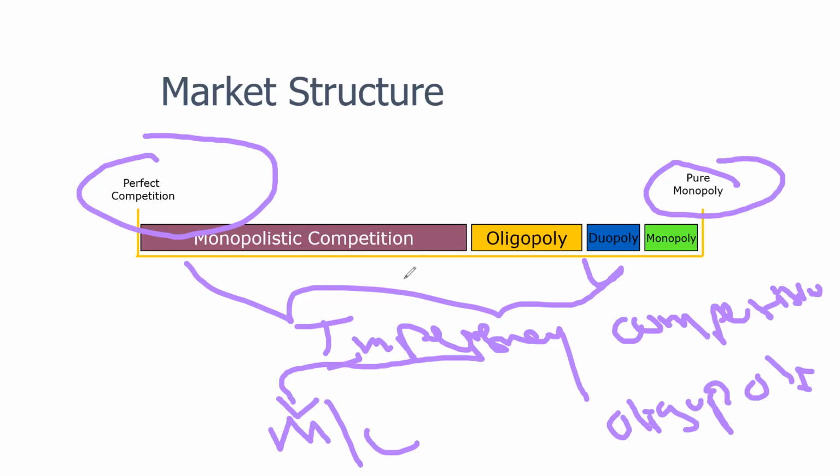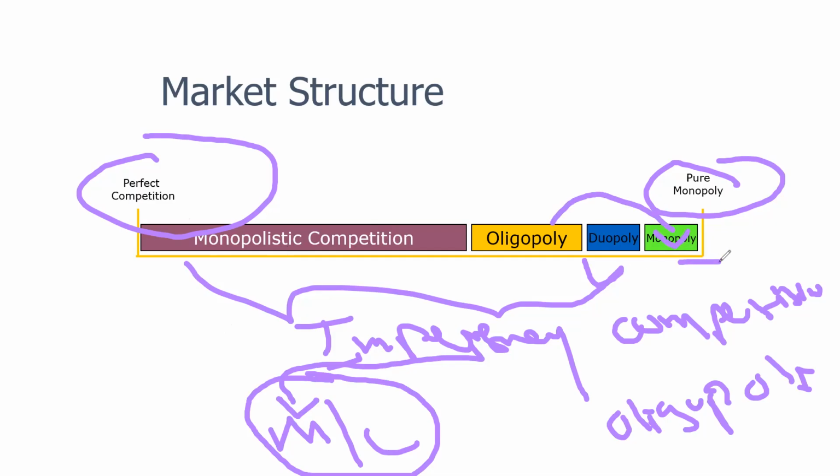Monopolistic competition is very close to perfect competition. Therefore, we can identify similar characteristics to what we are going to discuss today under perfect competition. But the oligopoly is somewhat closer to monopoly.